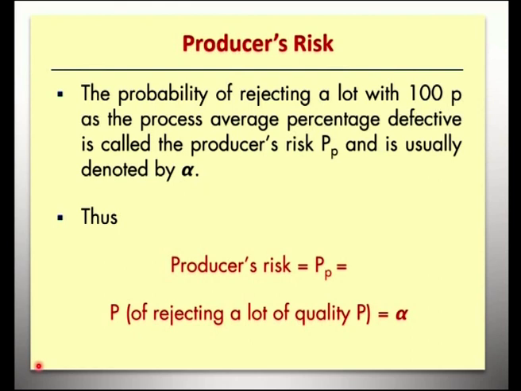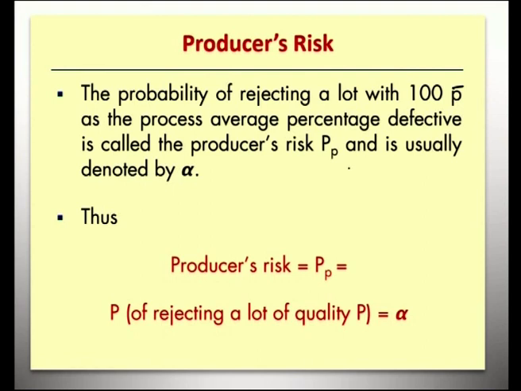He might demand adequate protection against such contingencies happening too frequently, just as the consumer can claim reasonable protection against accepting too many bad lots. So, in that case, the probability of rejecting a lot with 100 p bar as the process average percentage defective is called the producer's risk.